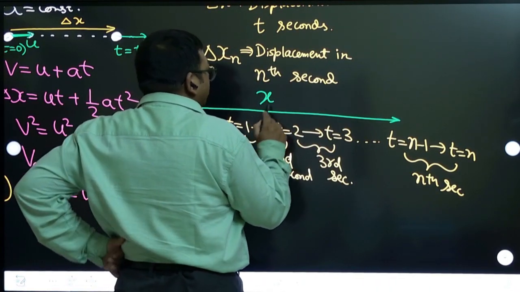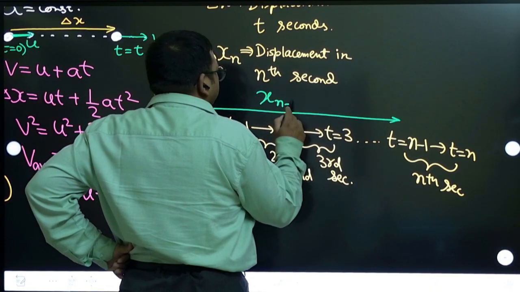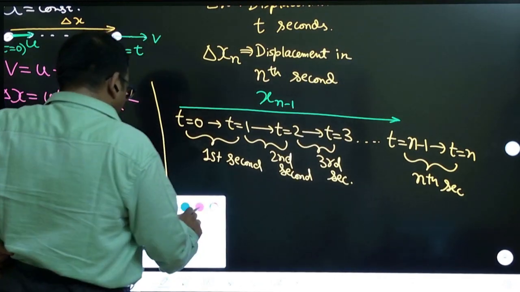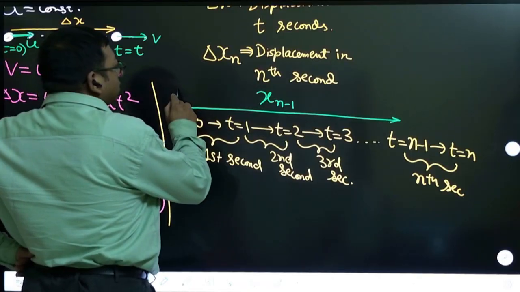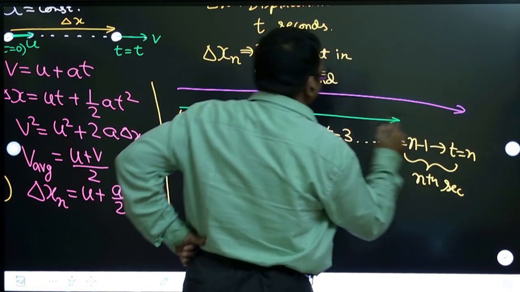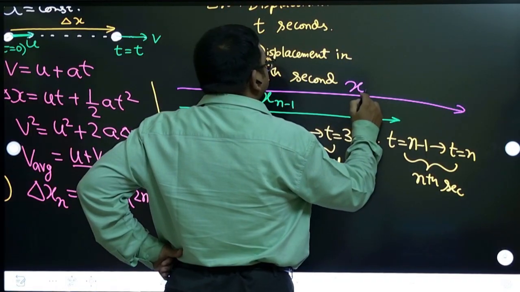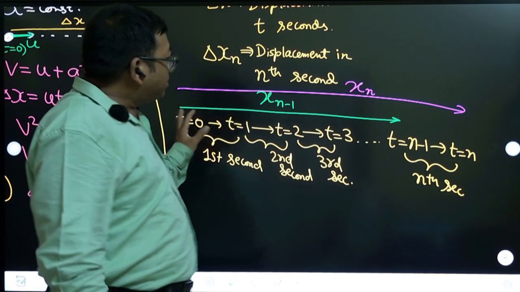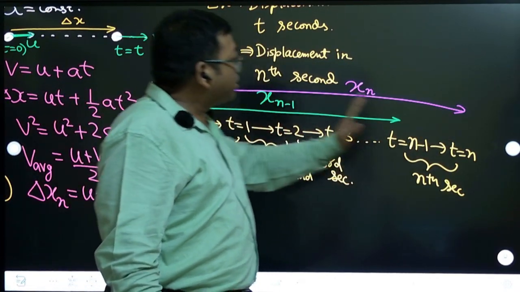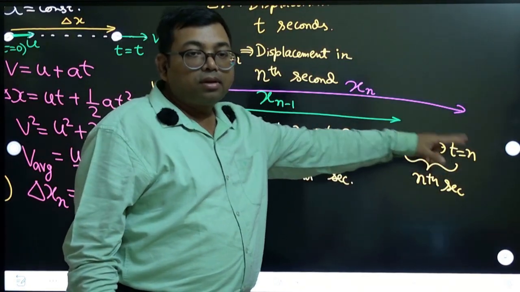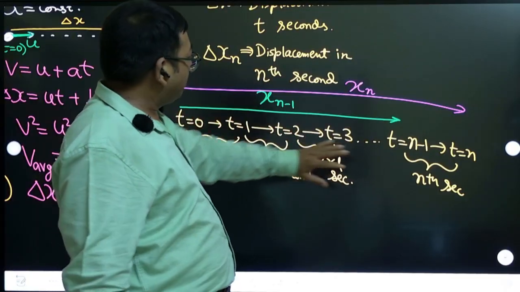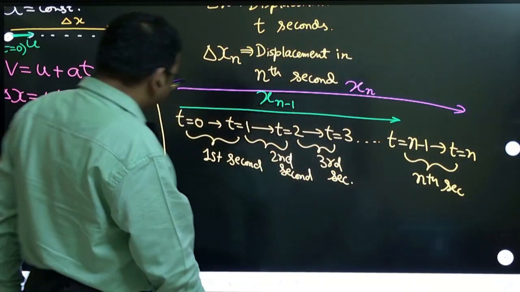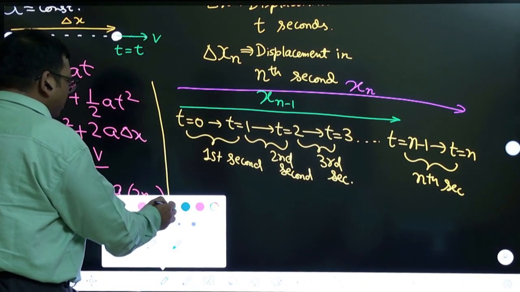This will be displacement in n minus 1 second, and displacement in n second will be starting from 0 to n. Displacement in n second will be this 0 to n, and displacement in n minus 1 will mean 0 to n minus 1. So if you subtract these two, now you will get displacement in nth second.